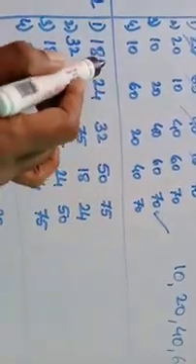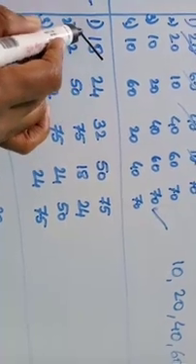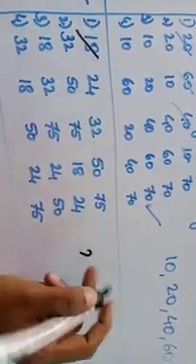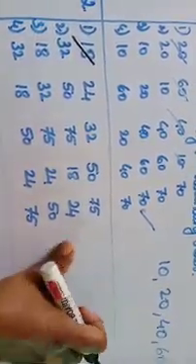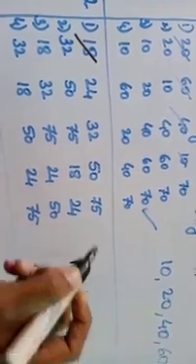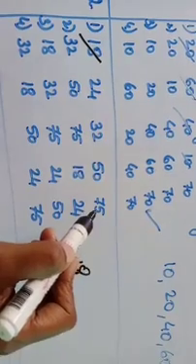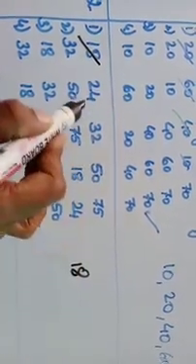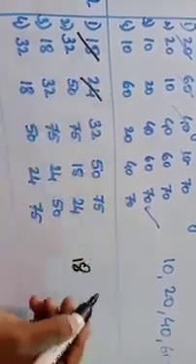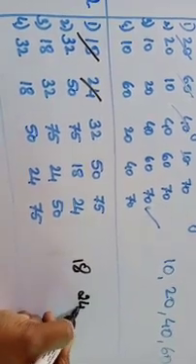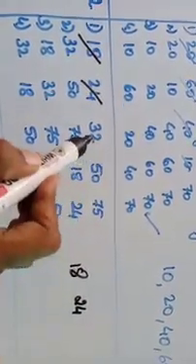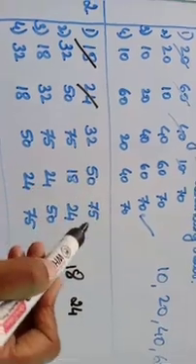Yes, 18 is the small one. So let's cancel and write 18. The next ones, 24, 32, 50, 75. In this, which is the small one? Yes, 24 is the small one. Let's write here 24.